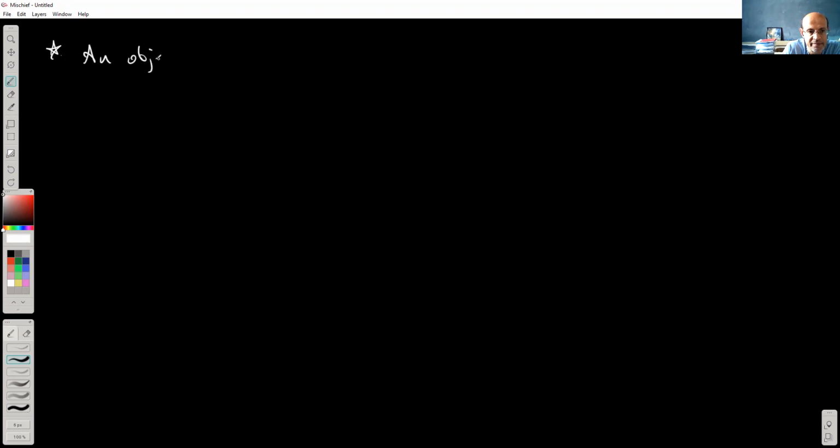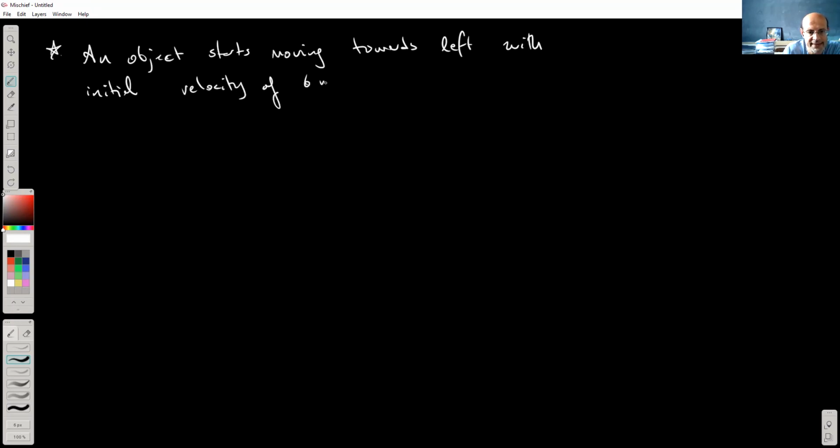So an object, let's say, starts its motion, starts moving towards left with initial velocity of 6 meters per second, and acceleration 2 meters per second squared to the right.